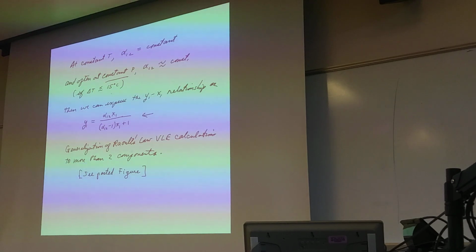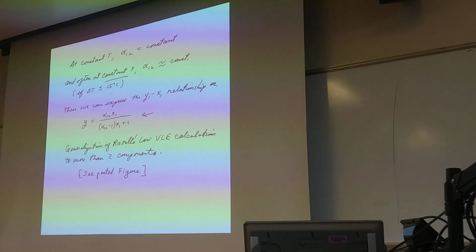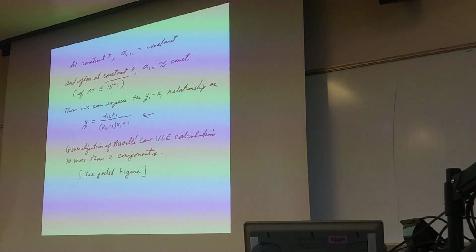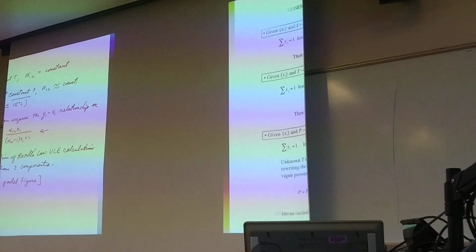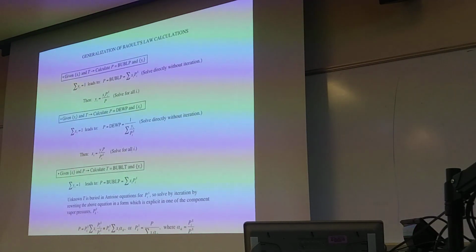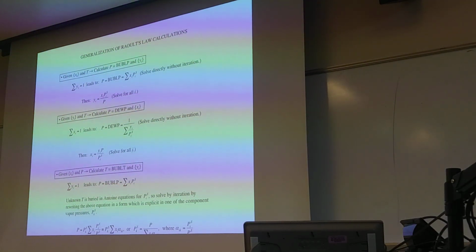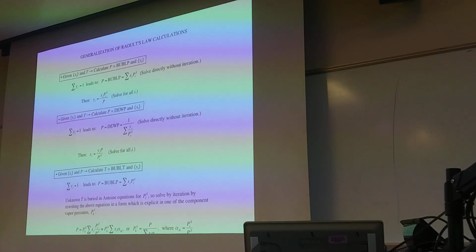Now we can generalize the Raoult's law treatment to systems of any number of components using the same general procedure. Here I've got it all worked out for you. Of course, it will be in the notes, but I've also posted it in the figures.